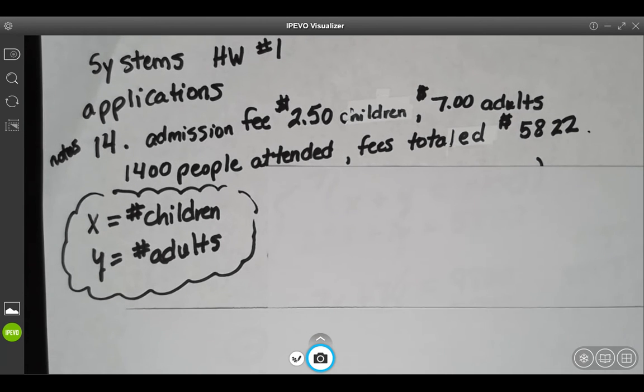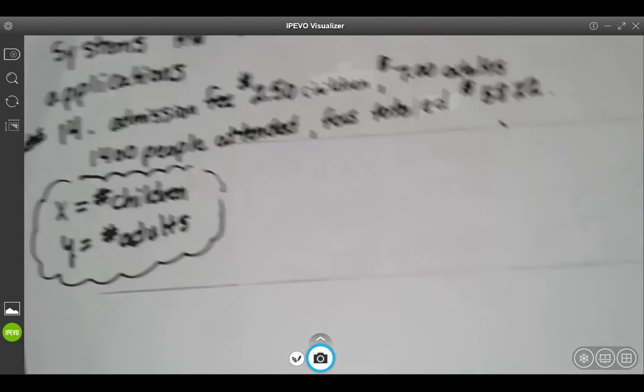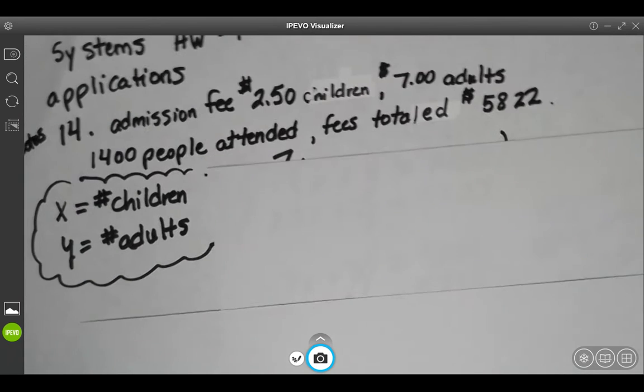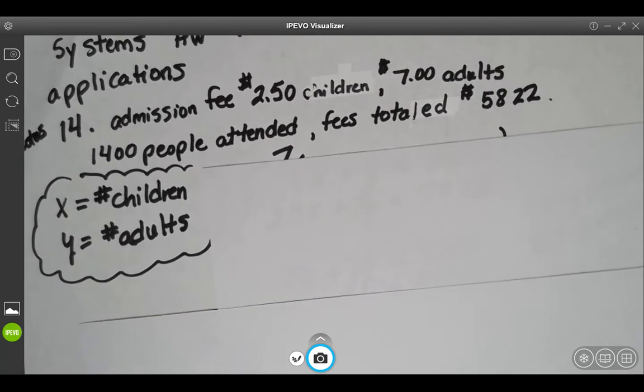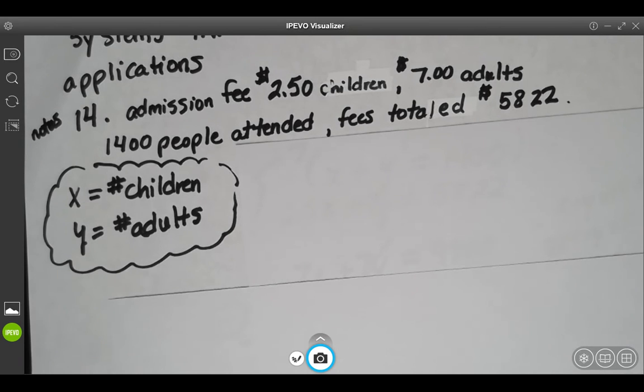The first thing you have to do is what's called initialize your variables. This is not an optional part of the problem. You have to know what your variables stand for. This is algebra. We're going to use variables to solve this, and you can use whatever you want. I just chose X for the number of children and Y for the number of adults.